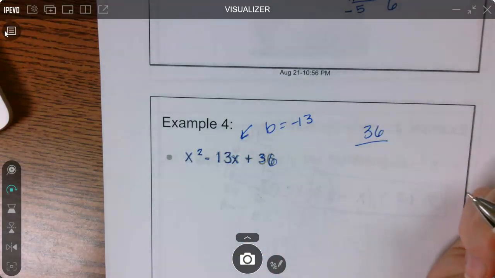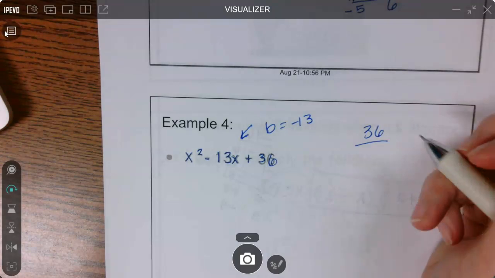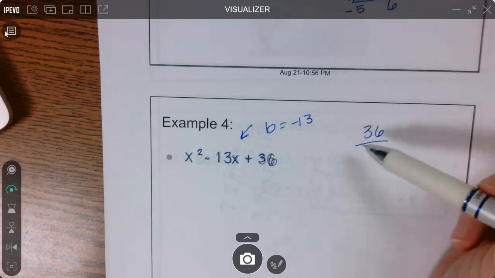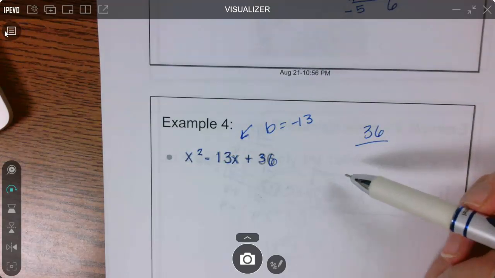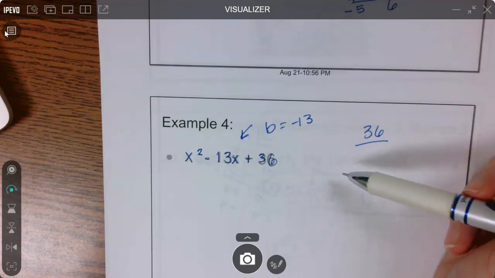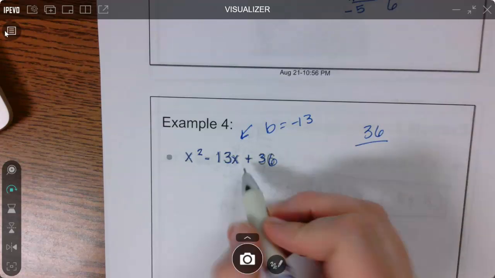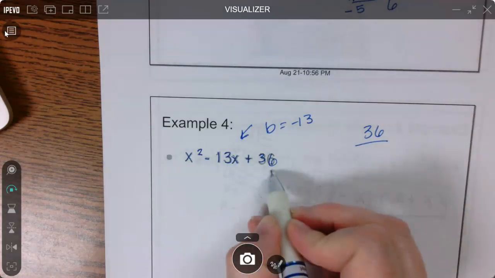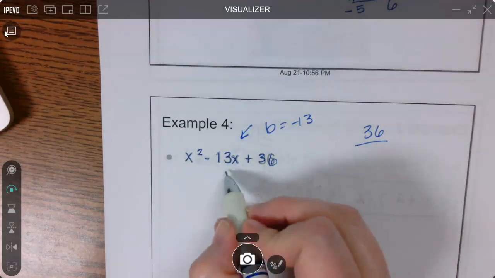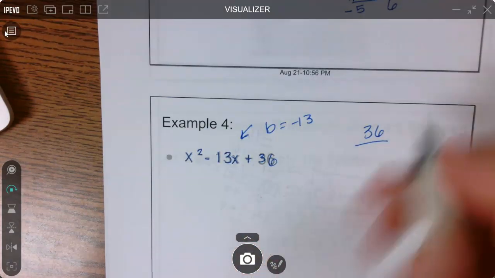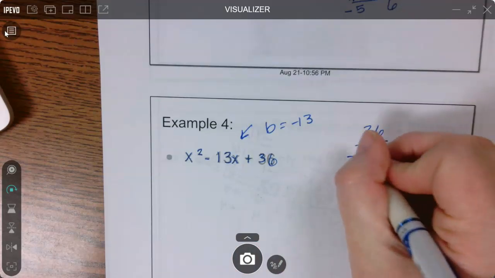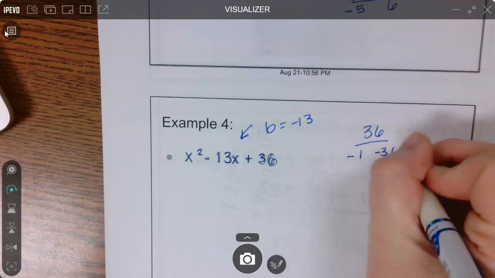Okay, so that just means if it multiplies to give me a positive 36, a negative times a negative is a positive. So this just means when you have a positive c and a negative b, your two factors are going to be negative. So we would have negative 1, negative 36.